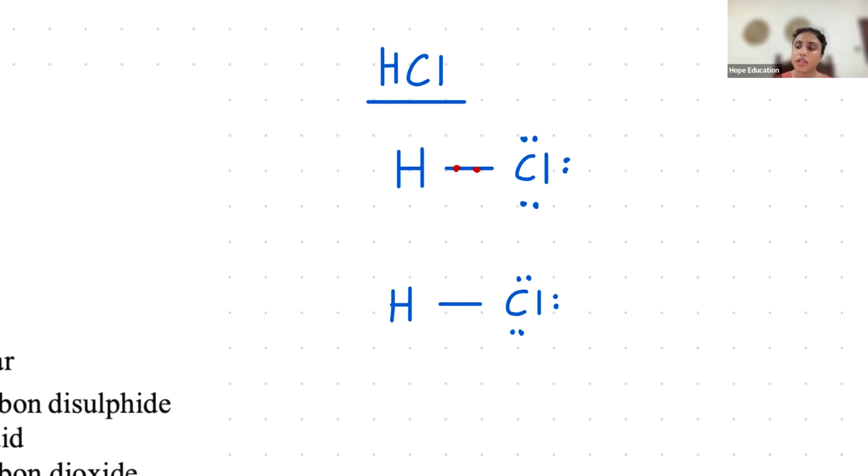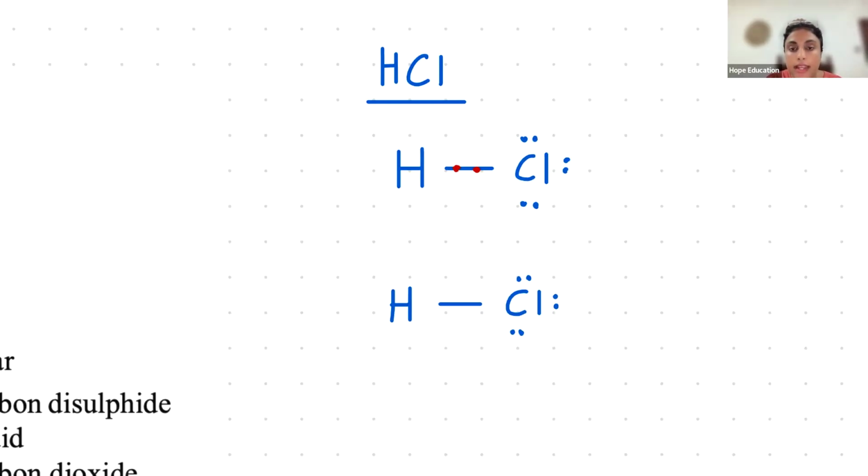Do you all remember what electronegativity is? The ability to attract electrons in a bond. Now, chlorine has a higher electronegativity than hydrogen.